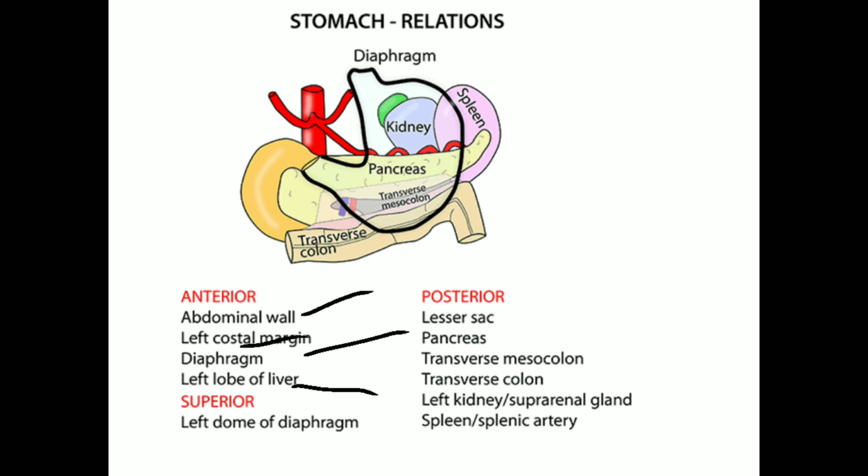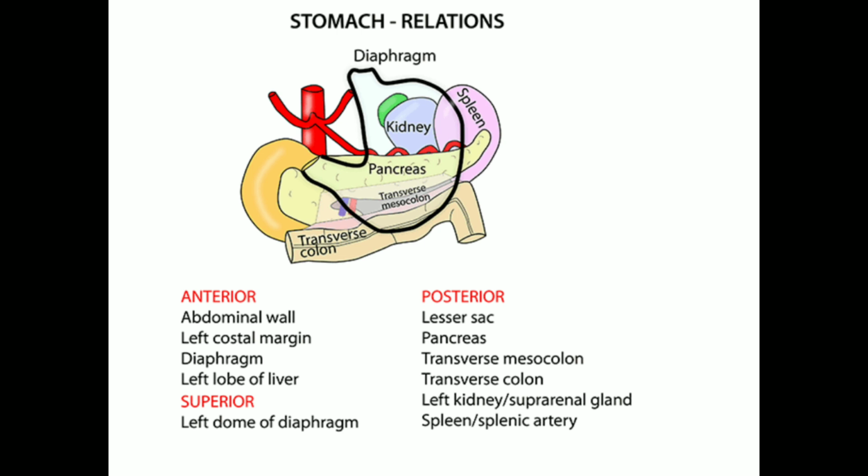Then coming to the posterior relation, you can see the diagram here. This is the stomach, and what you are looking at are the posterior relations of the stomach. Posteriorly the stomach is related to the lesser sac.